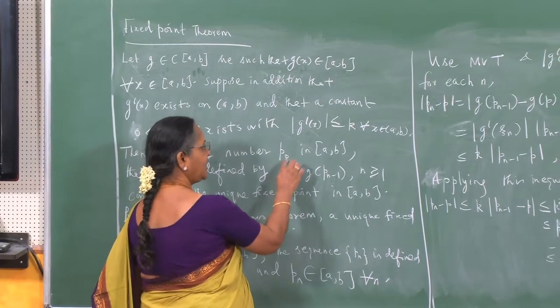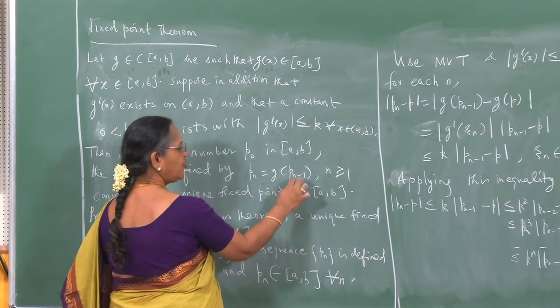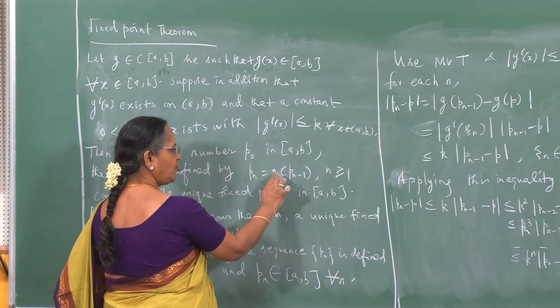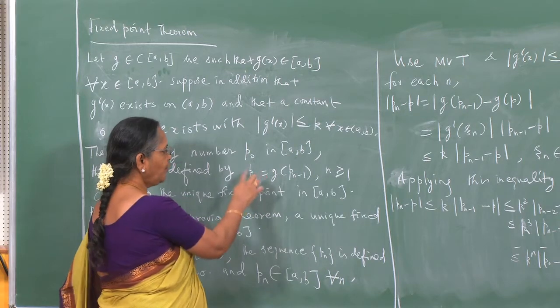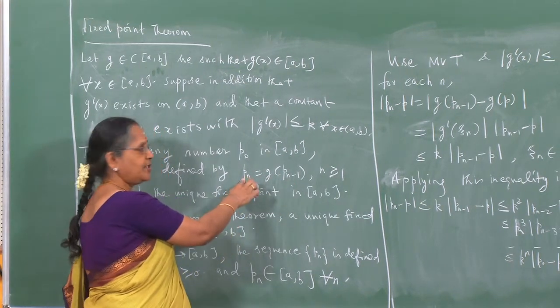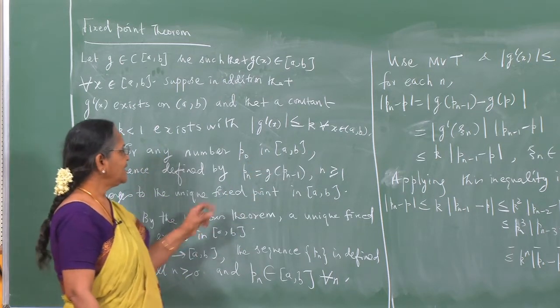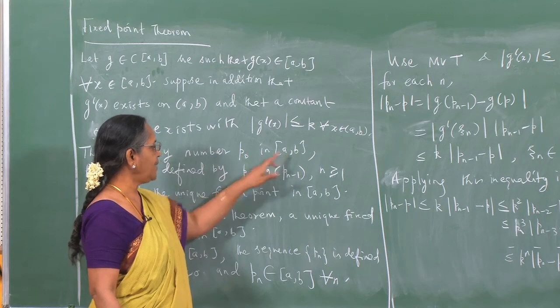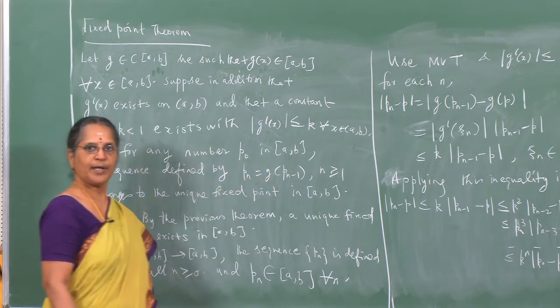You start with any p naught in that interval, so that when n is 1, you know p naught, compute g of p naught and call that as p1. When you know p1, find g of p1, that will give you p2, and so on. You generate the sequence of iterates starting with p naught in a b and using p n equal to g of p n minus 1.